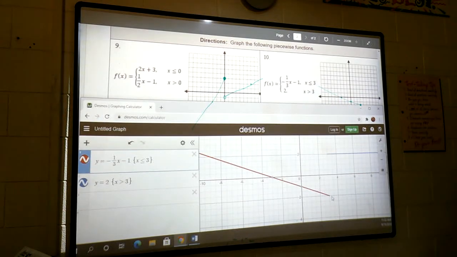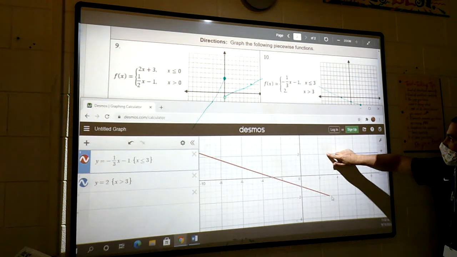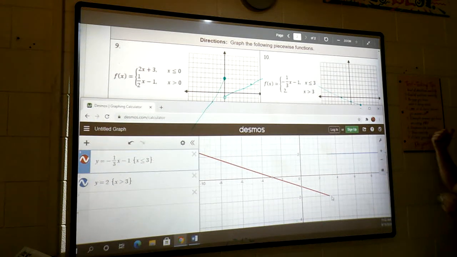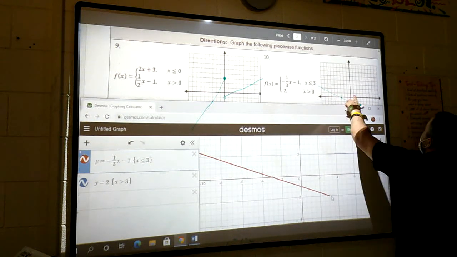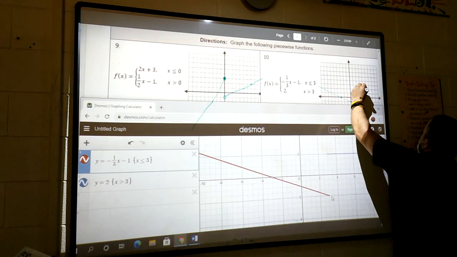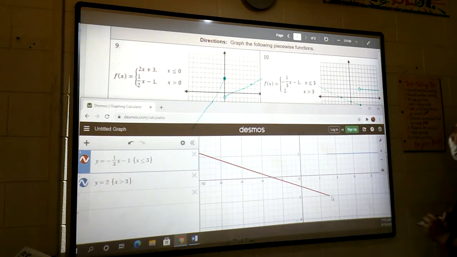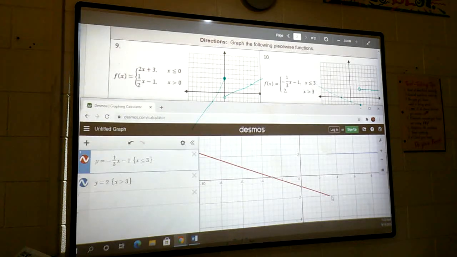Okay? Over here, when you slid this over, you can see it's an open circle. It's an open circle because it's greater than, it's not equal to. So you put an open circle, you go over to 3 and go up to 2. So 1, 2, 3, up to 2. You put an open circle and you make a line going the other way. So basically all I'm doing is copying the graph from Desmos.